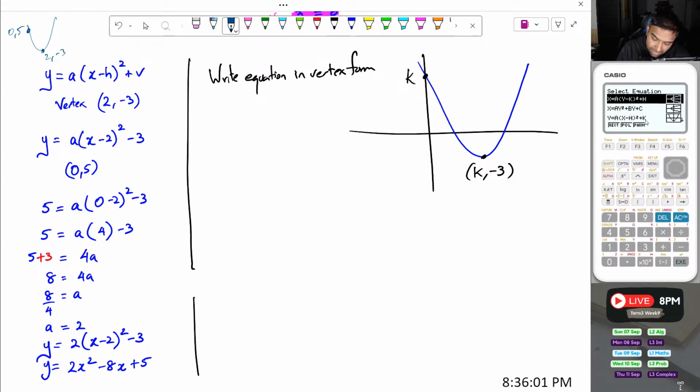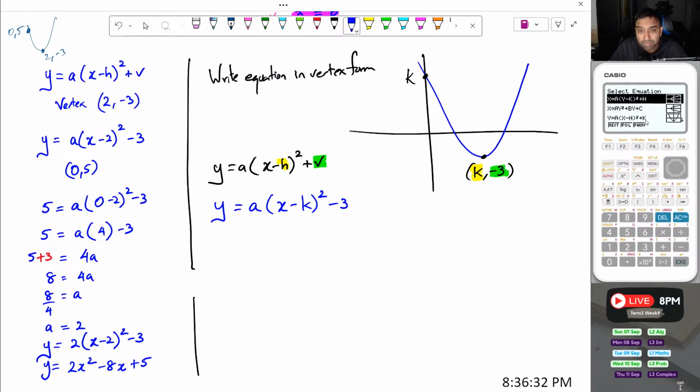Now, in this case, I'm going to write the equation down: y equals a(x minus h) squared plus v. Here the h is k, and the v is -3. So I can write this as y equals a(x minus k) squared plus -3.